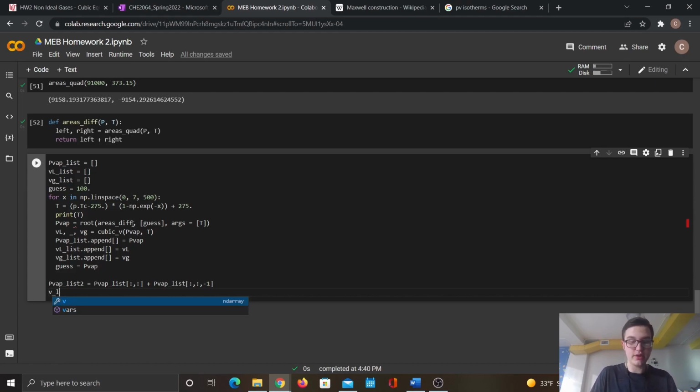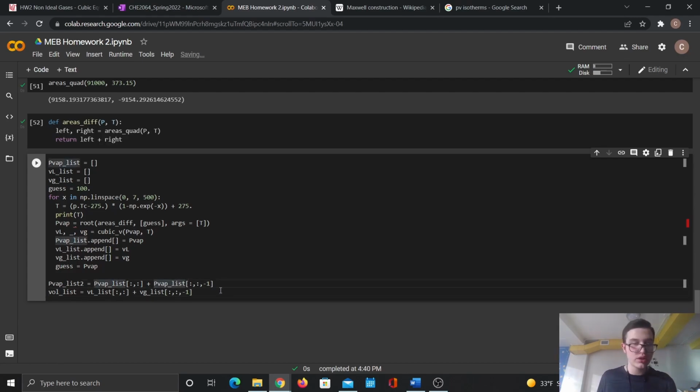So just going to be vol list is equal to VL list from beginning to end plus VG list, because VG list is the back half of it, from beginning to end, again, the backwards.